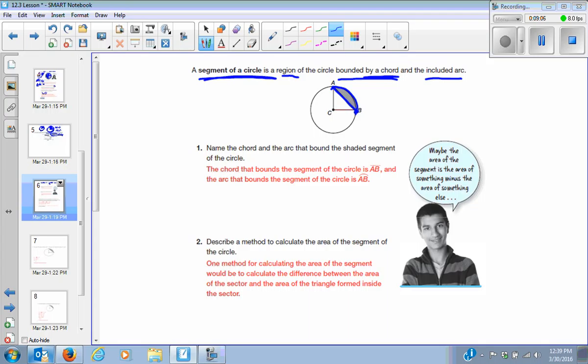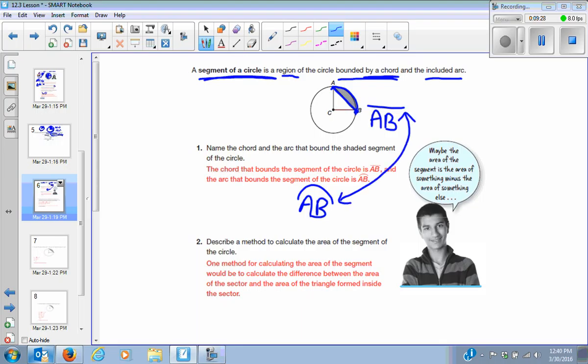So here we go. Name the chord and the arc that bound the shaded part of the circle. The chord is AB. Notice when I name a chord, it is a line segment. It's a piece. When I talk about the arc, it's again AB, but this time I put this symbol. There's a lot of you who made that mistake on this last test. You did not care about the symbols.